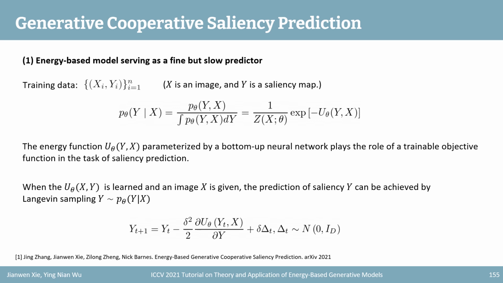This energy function can be regarded as a trainable cost function of the task of saliency prediction, while the prediction process by Langevin dynamics can be considered as finding Y to minimize the cost U of Y and X given an input X. Such a framework can learn a reliable and generalizable cost function for saliency prediction. However, due to the iterative sampling process, the EBM is a slow but fine saliency predictor.